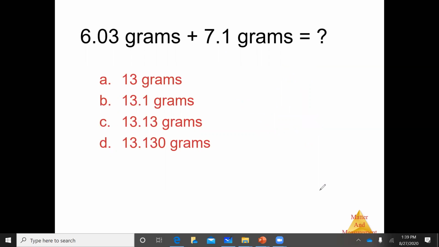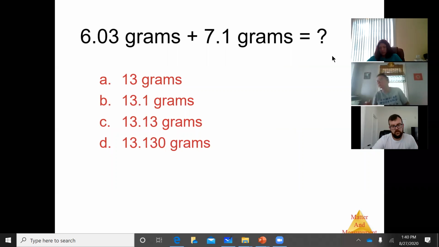I have a question. What if there wasn't a 0.1? Do you have to put a 0.0 to equal it out? Like, what if it was just 13? Yes. So if your final answer ended up being a whole number, you would have to fill it in with a 0.